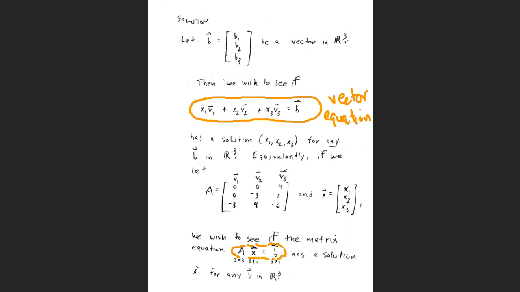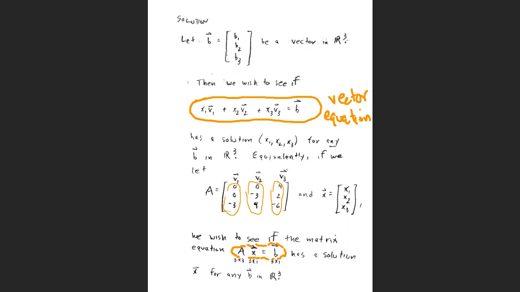And the matrix A is composed of these column vectors, v1, v2, and v3. So we want to see if the matrix equation has a solution. Saying the vector equation has a solution is equivalent to saying, does the matrix equation have a solution?